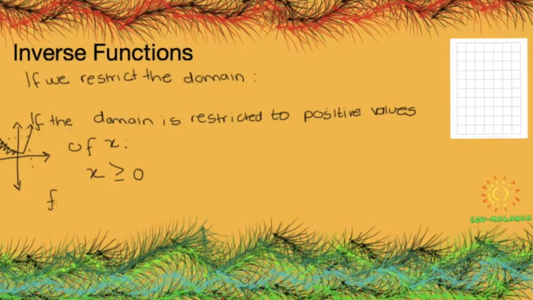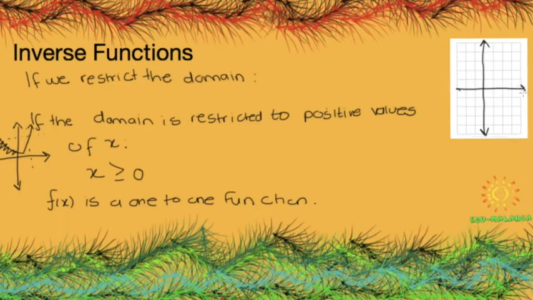So if f(x) is a one-to-one function, this means that I can now plot the graph and its inverse like this. So I'm going to plot the same graph we just plotted, but now I'm only going to plot the positive points of it.